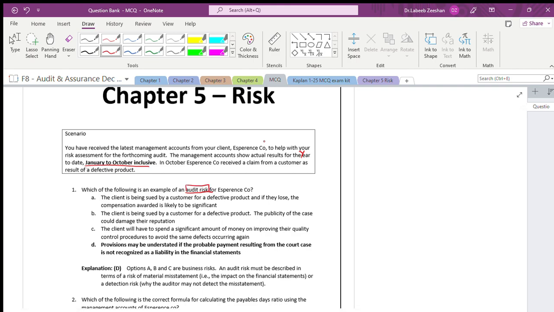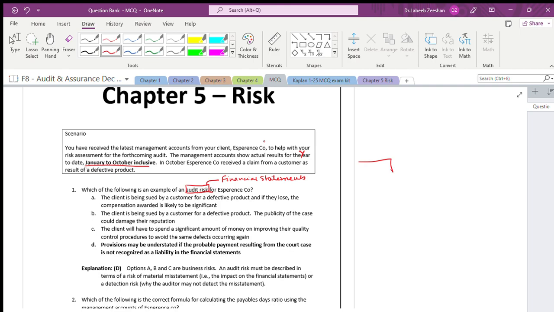The client is being sued by the customer for defective products, and if they lose, see, audit risk should be related to financial statements. There are two types of risk.